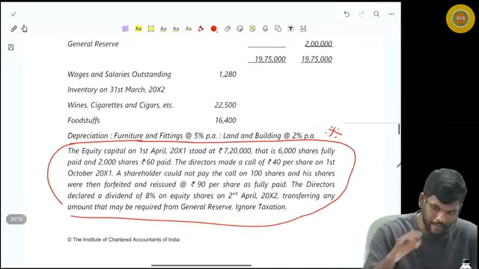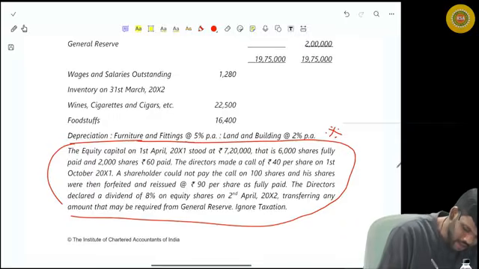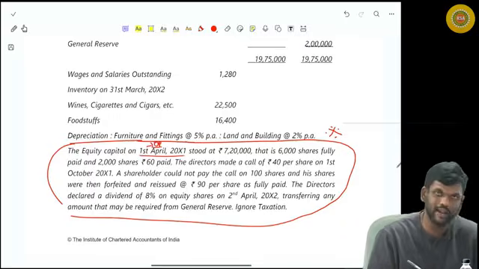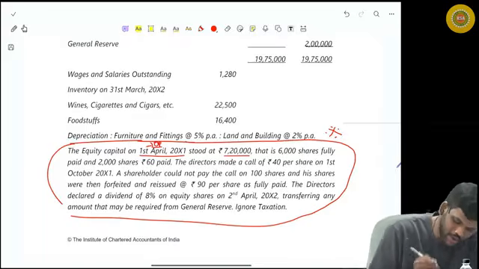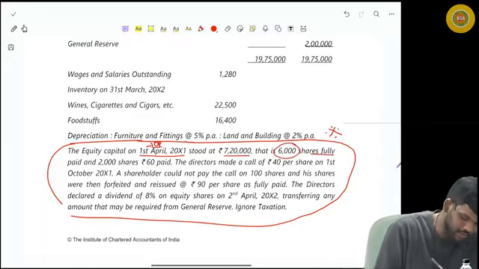So equity capital as on 1st April 20X1, this means this is opening balance, stood at rupees 7,20,000, which is nothing but 6,000 shares fully paid up.